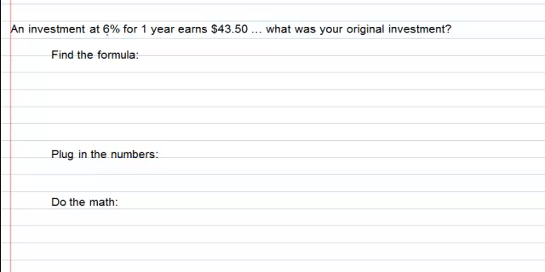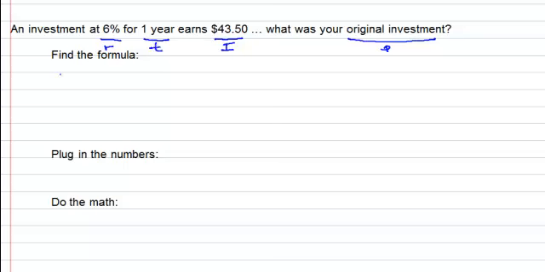So let's just do this example. We've got an investment at 6% for 1 year that earns $43.50. So we see here is our percent, here's our time, and here is what it earns. That's our interest. The original investment is our principal. So here's the principal, here's the interest, here's the rate, and here's the time. It's nice to be able to look at that.